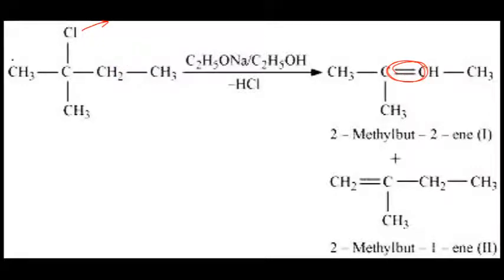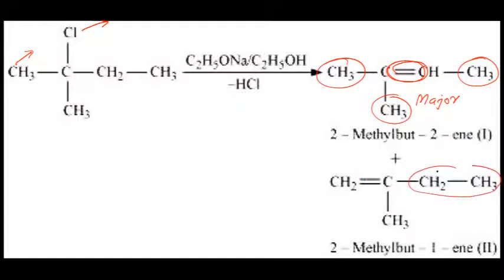If hydrogen goes from the other carbon, then this possibility. These two products will be formed, out of which this will be major because it has one, two, three alkyl groups on the doubly bonded carbons. However, here you have only two alkyl groups on the doubly bonded carbons.